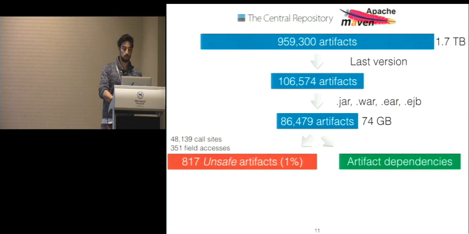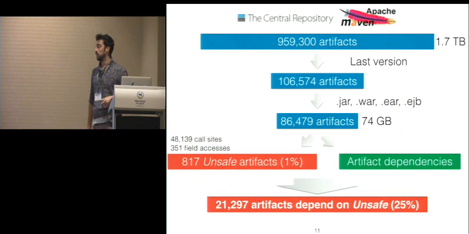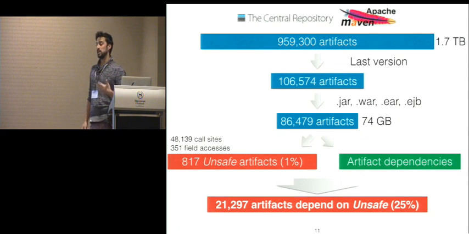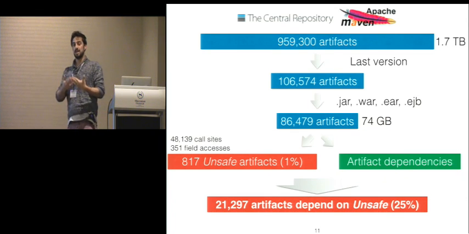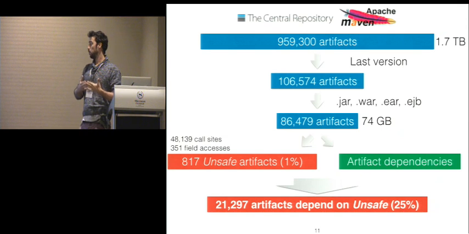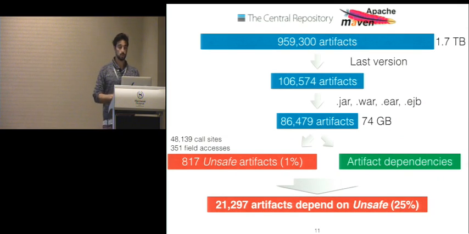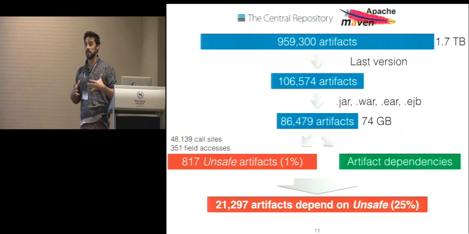After this analysis, we found that around 21,000 artifacts depend on projects that are using Unsafe. So indeed, directly or indirectly, there are a lot of projects, a lot of people that are using Unsafe without knowing it, like 25%. So we think that this is an impact of Unsafe, so we need to do something.